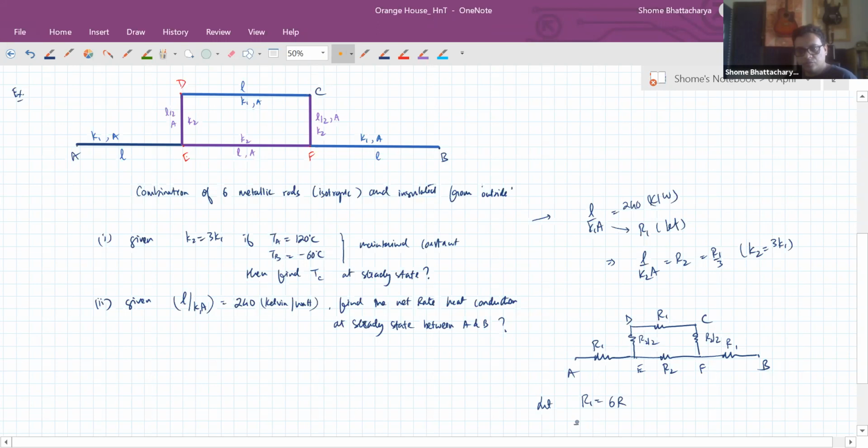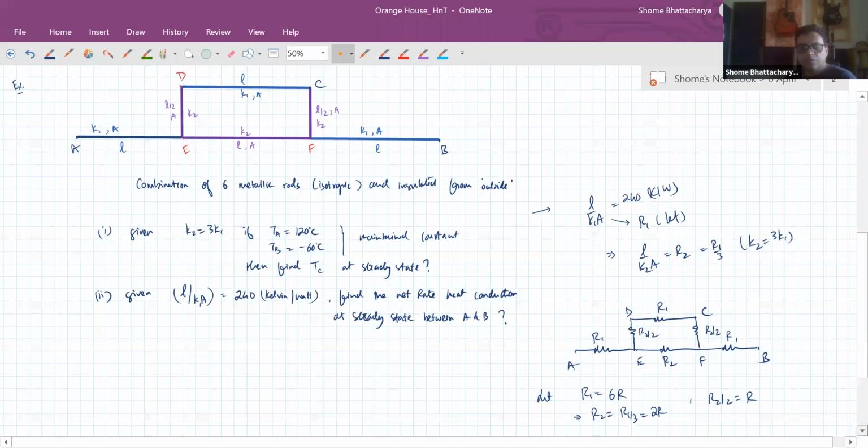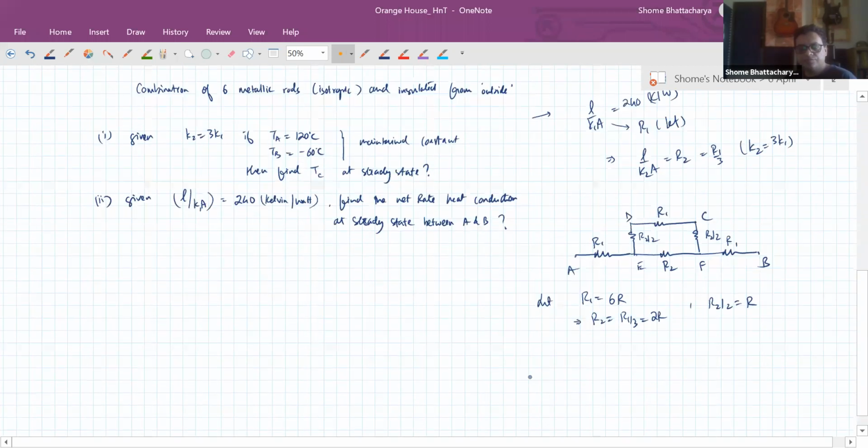Okay, so R2 is equal to 1 by 3 R1, that will become 2R, and R2 by 2, these two resistors in between will become R. So that will make the solving part easier.